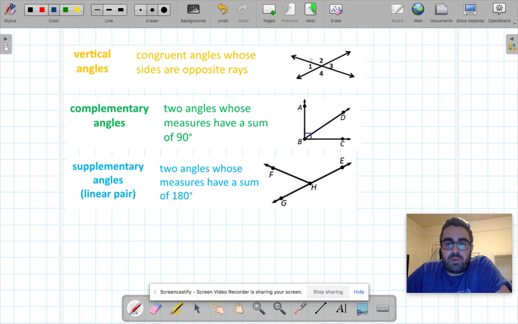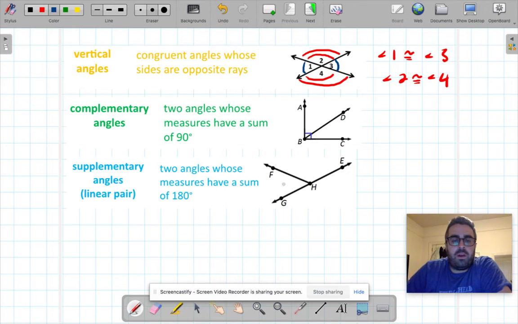So for example, in this diagram, angles 1 and 3 are vertical angles, and angles 2 and 4 are vertical angles. So we can say that angle 1 is congruent to angle 3, and angle 2 is congruent to angle 4.